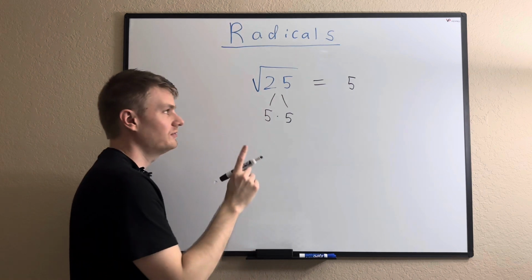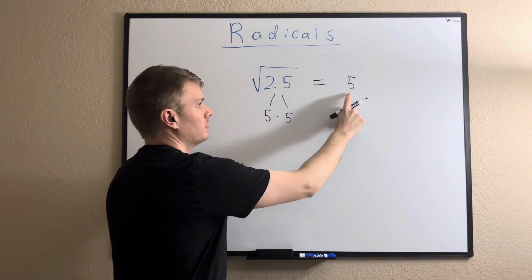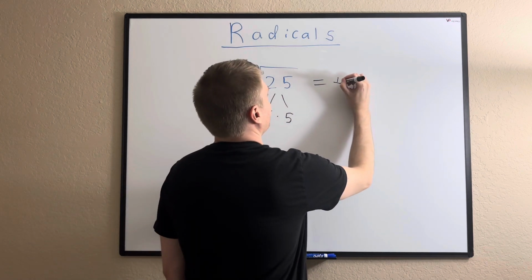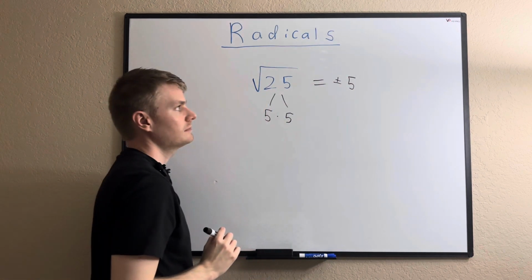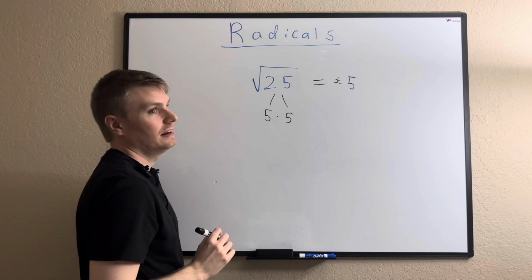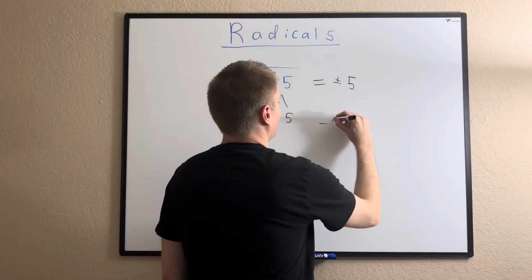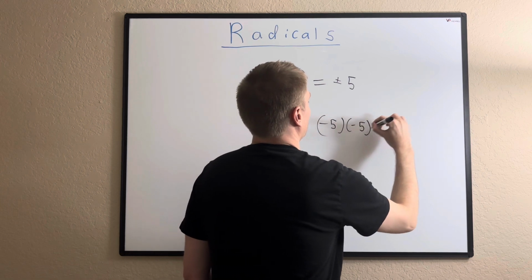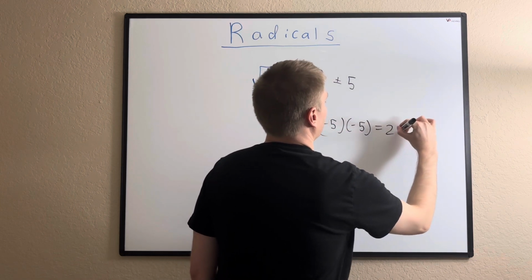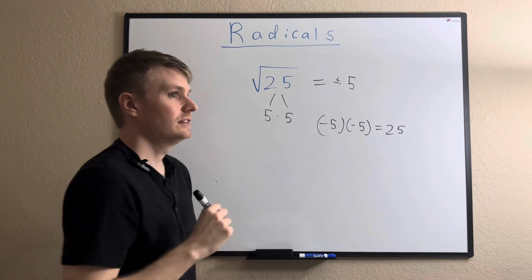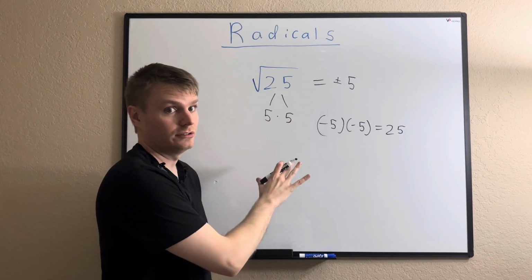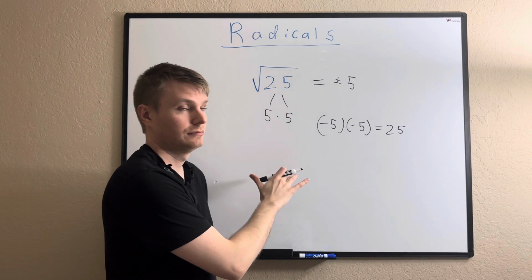Now, positive 5 is the principal root of 25, but technically negative 5 could also be multiplied by itself to get 25. So really, there's two answers to every radical, most radicals. Well, half of them actually.